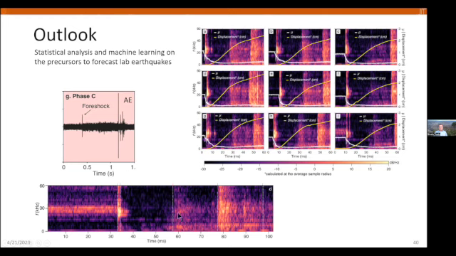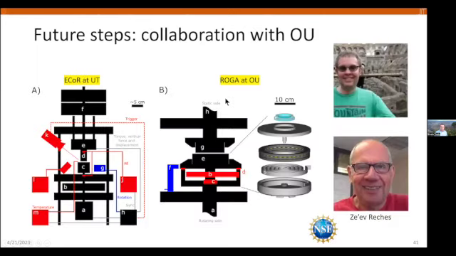And so here I show you a series of examples of experiments where there is this silent part. And the future steps are for sure to collaborate with the University of Oklahoma, because we have been funded by NSF.